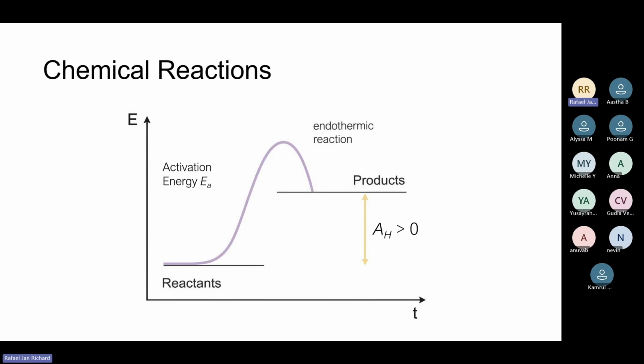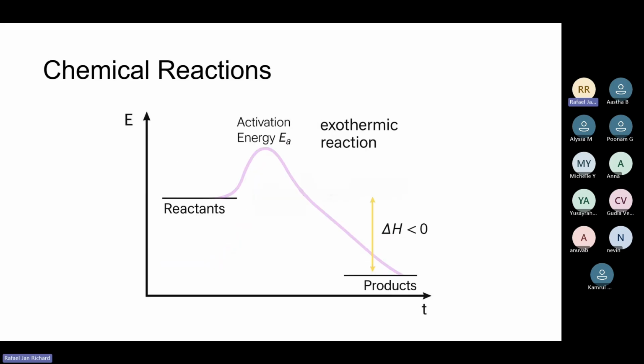This reaction won't happen spontaneously, as there is a lot of activation energy, as you can see here, to bring the reactants to the higher level that the products have.